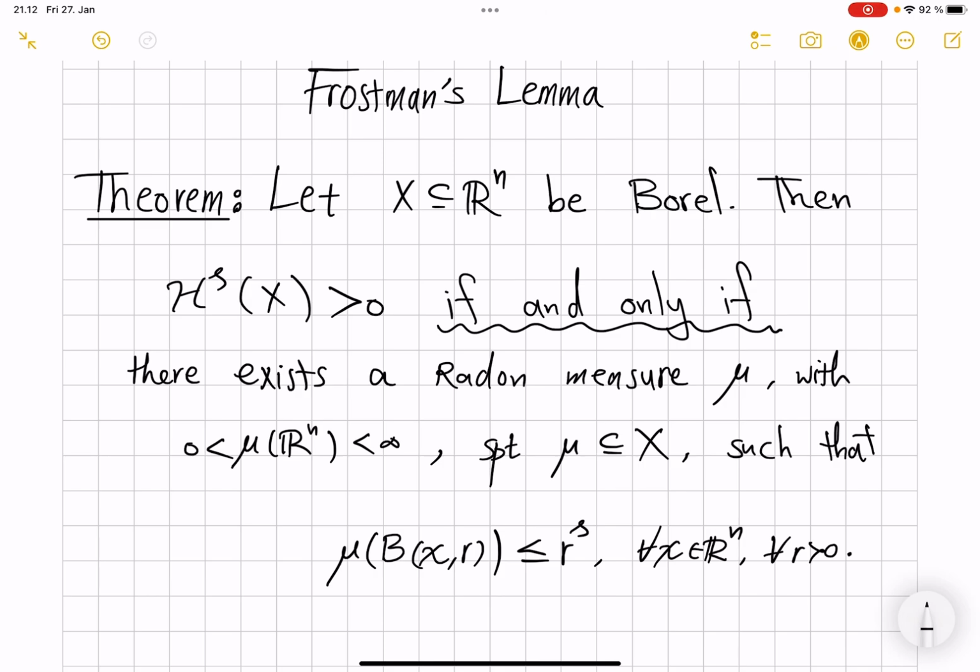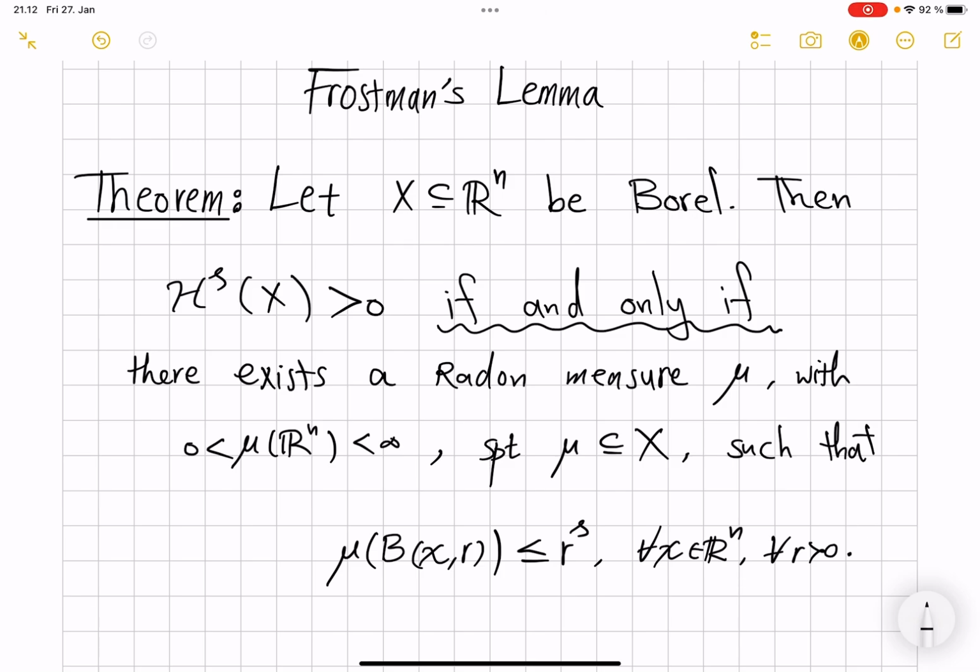claim is that the measure of balls are bounded from above by s power of the radius of the ball. Of course, there is no point in putting a constant here. By multiplying with a constant, you can always assume that this is the case. So this is for all points in Rn and all radii.